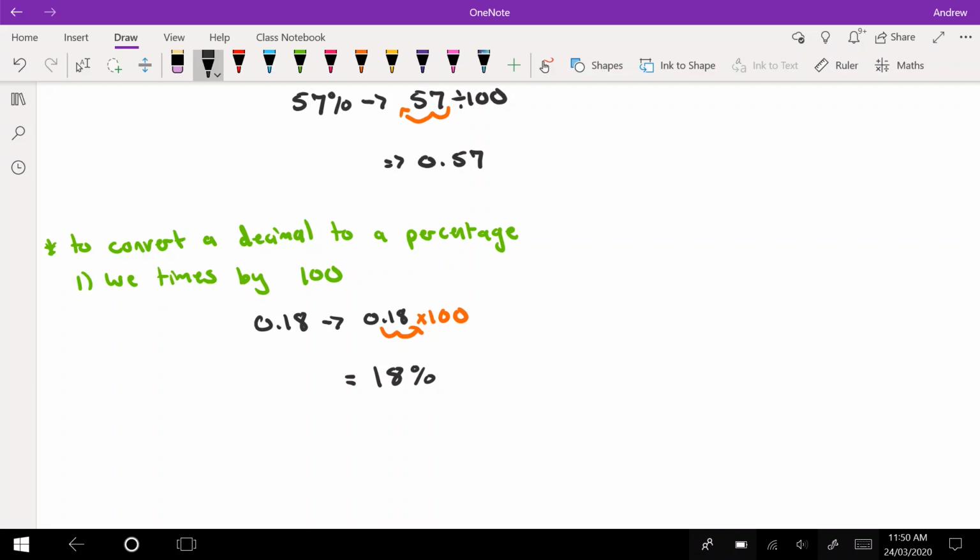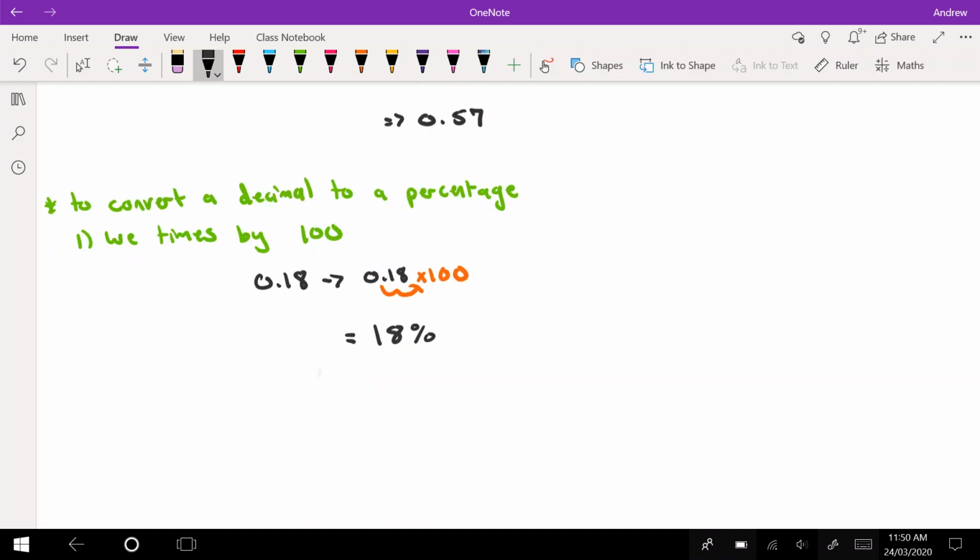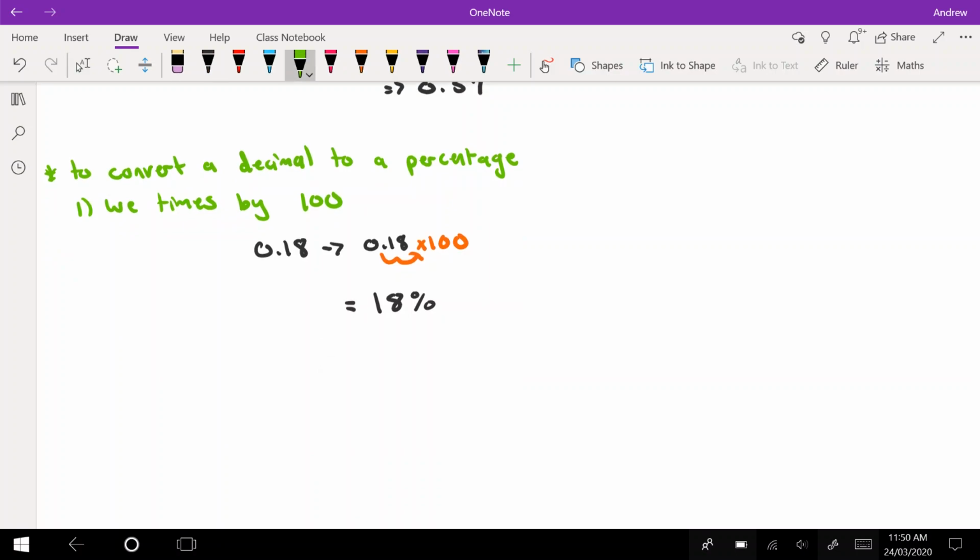There's one more conversion we need to consider. Does anyone know what that is? Yana? Decimal to a fraction? No, we've touched on that already. It's a fraction to a percentage. How do we get from a fraction to a percentage? So, let's just write to convert.